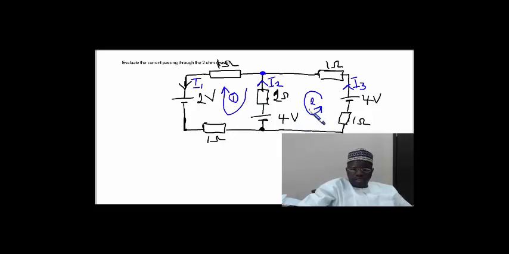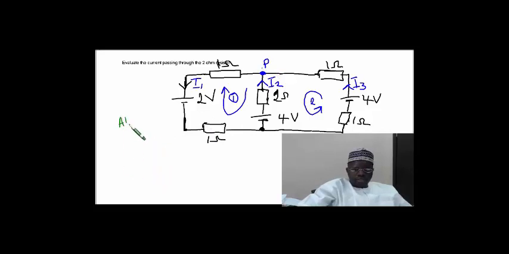Remember, it doesn't matter how we take our loop, once we keep to our two conventions of writing the potential difference across the battery and across the resistors. Okay, so let's take this point as P, so that we can be able to write our KCL.